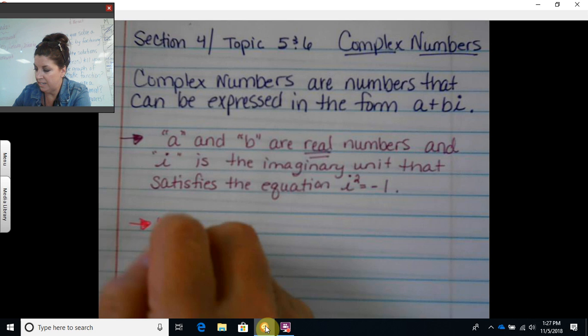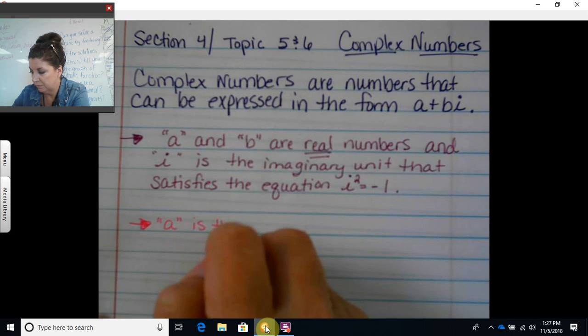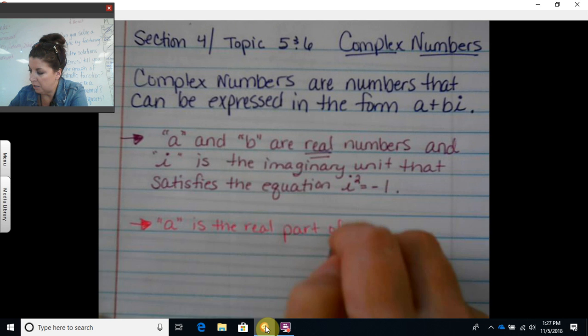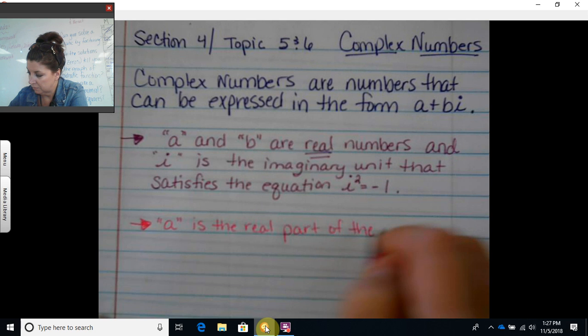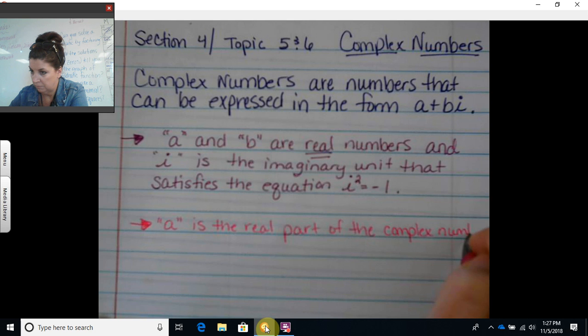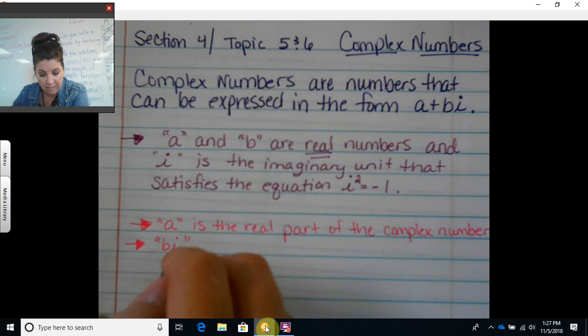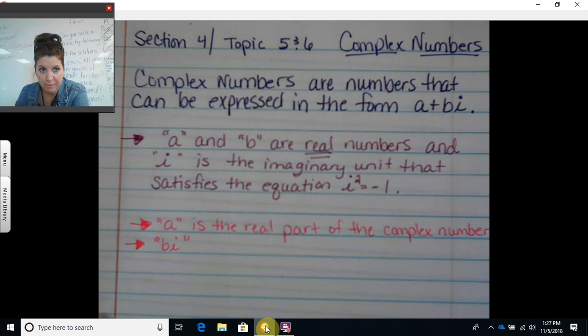A is the real part of the complex number. bi is the imaginary part of the complex number.